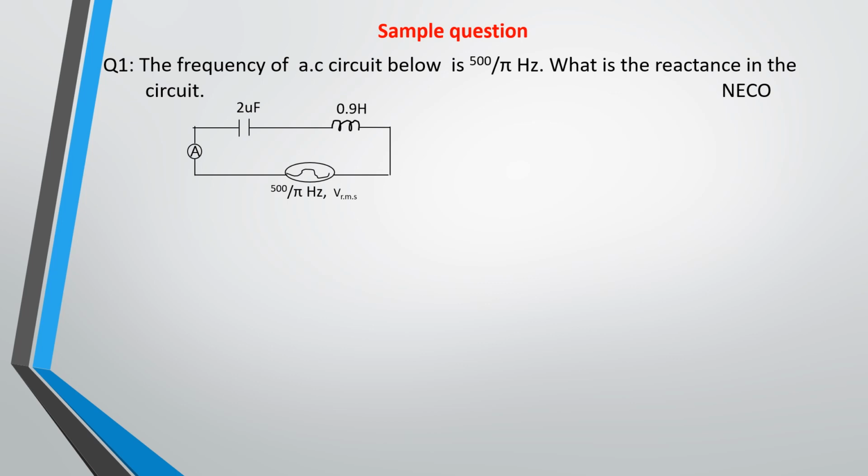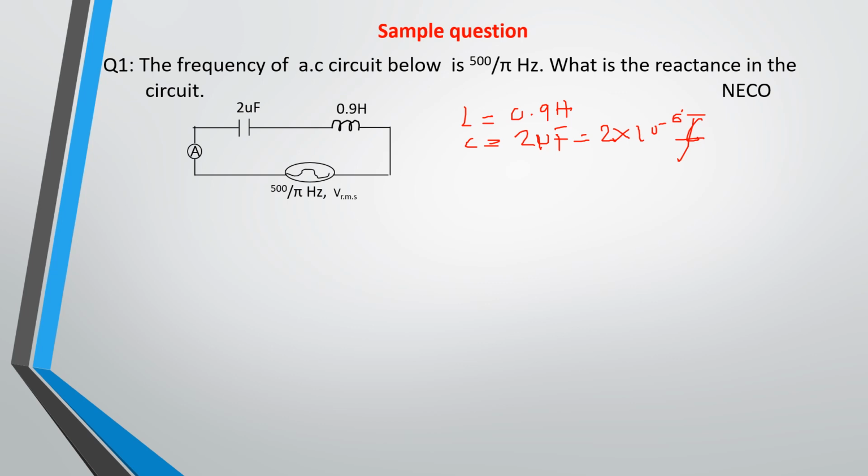We are given the inductance of this circuit to be 0.9 Henry. You are given the capacitance to be equal to 2 microfarad, and this is equal to 2 times 10 raised to power minus 6 farad, as the case may be.